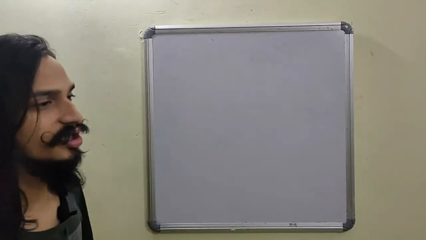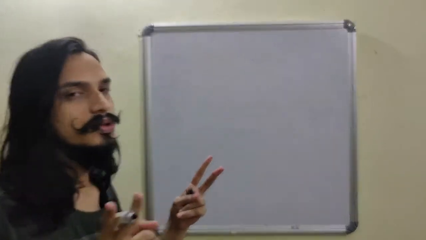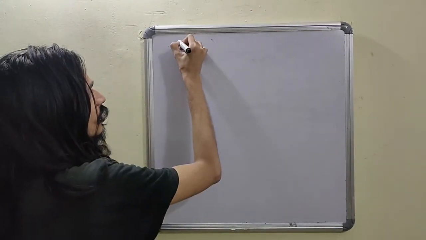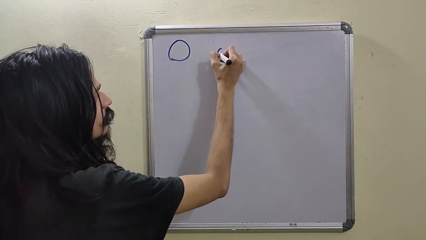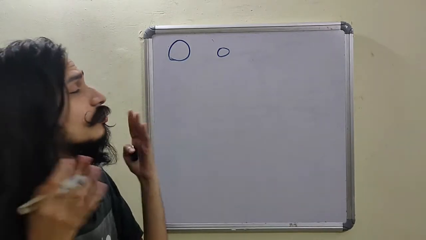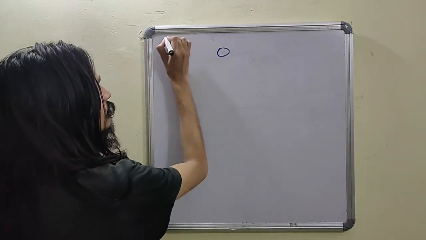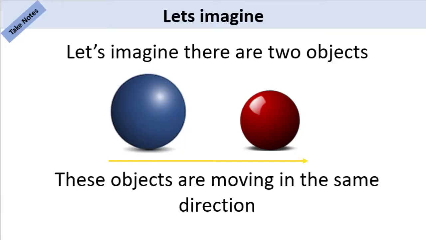It will definitely apply. To understand this, I will be talking about two objects. Let's say there are two balls, or spheres, moving in the same direction, both moving forward towards the right.